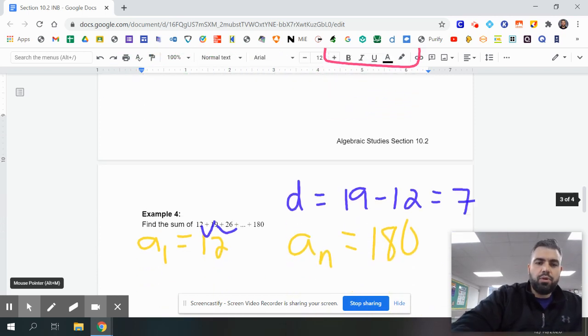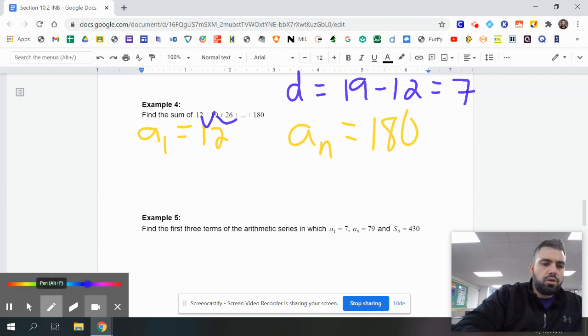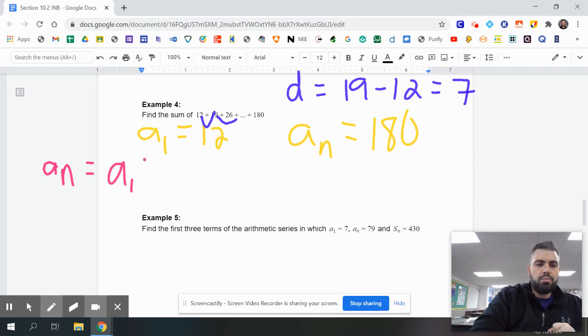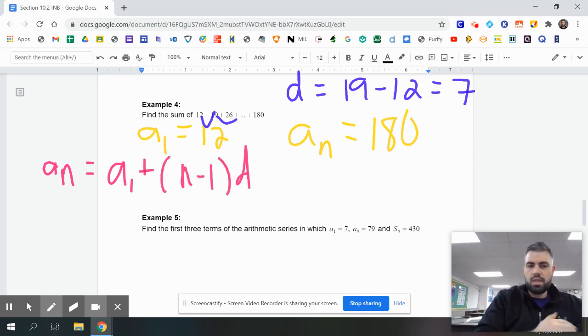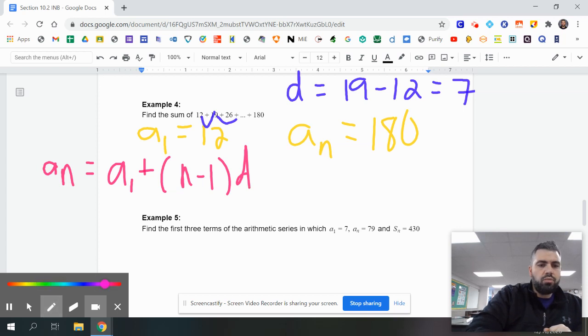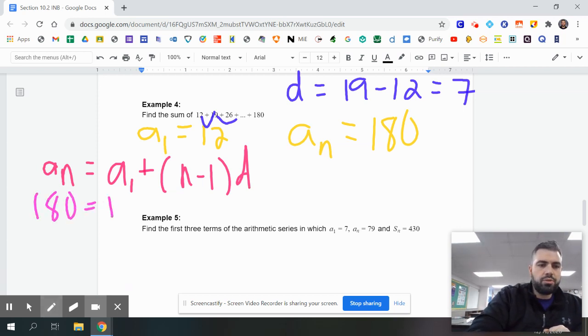So that's the next important thing. Let's use our equation for sequences, and we know that was a sub n is equal to a1 plus n minus 1 times the common difference. So we'll plug in the numbers that we know. We know the last term is 180. We know the first term is 12.